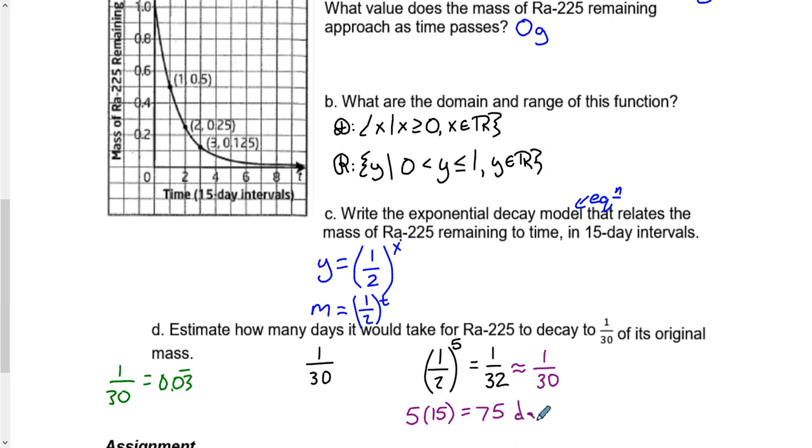So 75 days. Obviously, it'd be a little bit before, possibly like day 73, 74, but this is an estimate. All right, that allows you to have some fun.